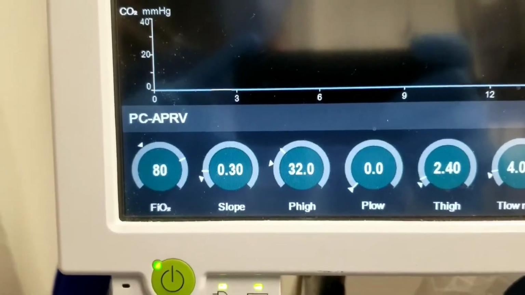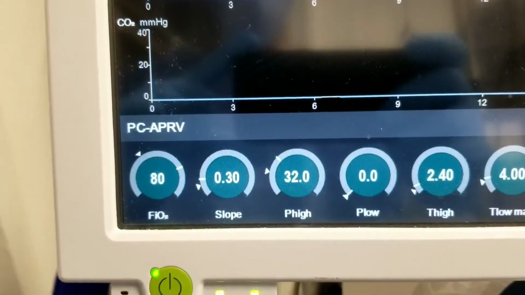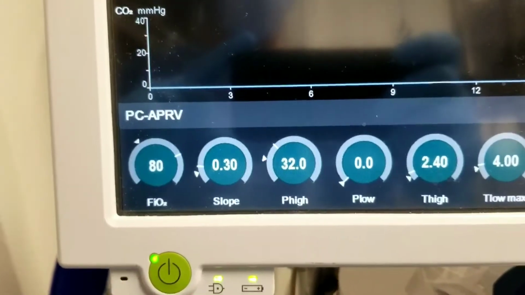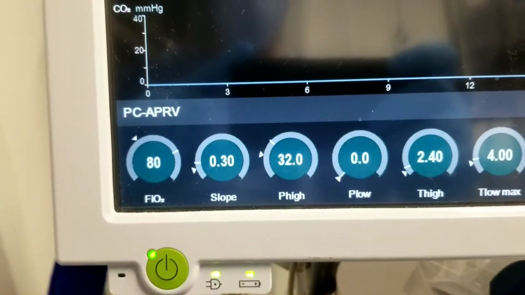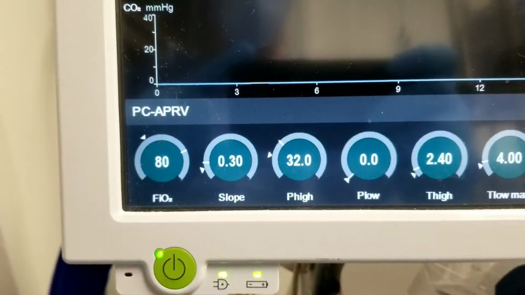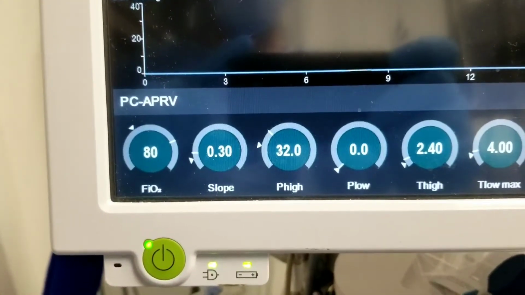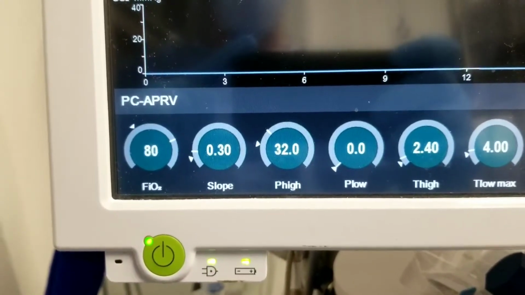The Phigh was at 34 initially, and there was really some morbid obesity occurring, so we were not concerned about going past 30. As Draeger company itself says, sometimes with morbid obesity, pressures even above 35 in APRV may be required to maintain or to recruit the lung.